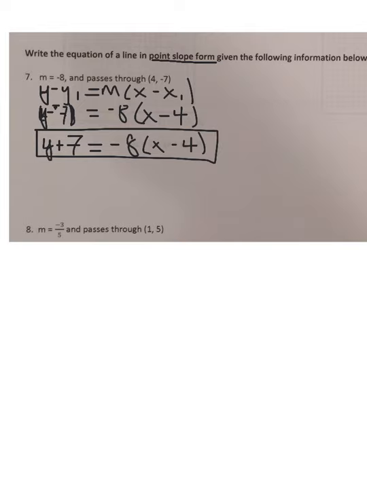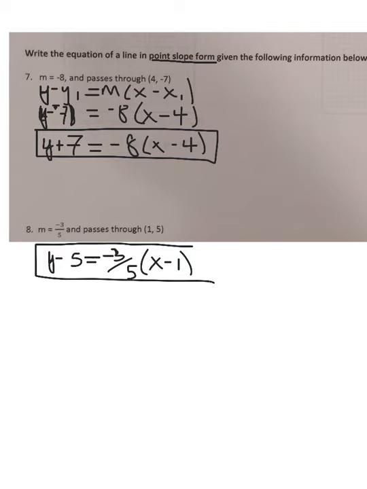Okay, well, we can do the same exact thing for number 8. So I'm going to do y minus 5 equals the slope, which is negative 3 over 5, times x minus 1. And there, again, that's your point-slope form.